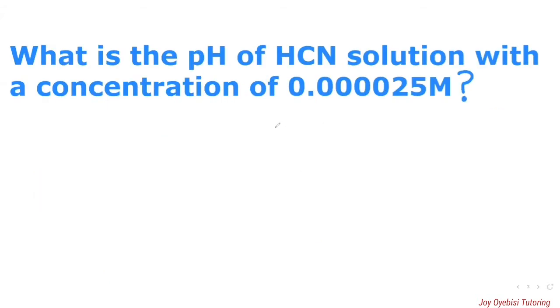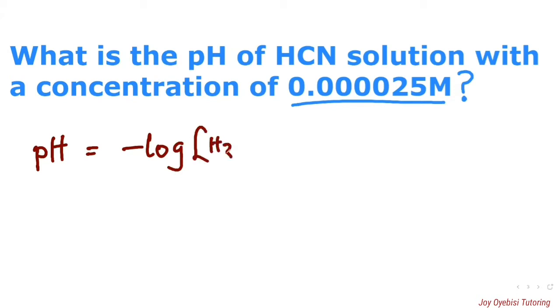So in this question, you are asked, what is the pH of HCN solution with a concentration of 0.000025 molar. Now, this molar is molarity, and that is mole per liter, okay? So we're looking for pH and we're given the concentration of the acid, so we just go ahead and do pH equals negative log of H3O plus.